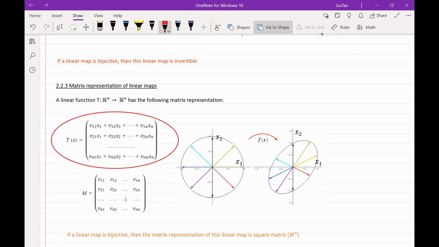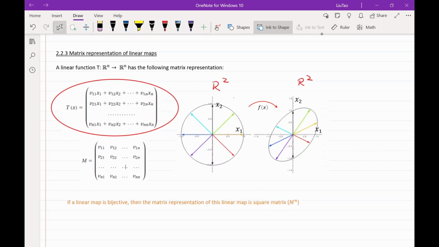Each x can be mapped to a new vector space. For example, if we have R2 to R2, any point in this space can be mapped to this space, and these two spaces are the same.